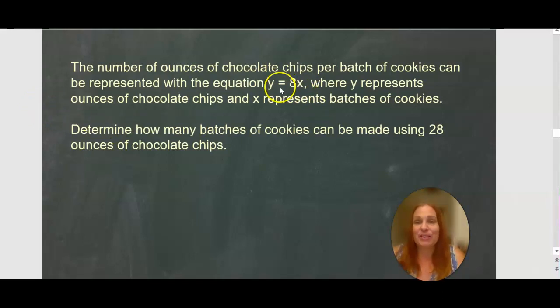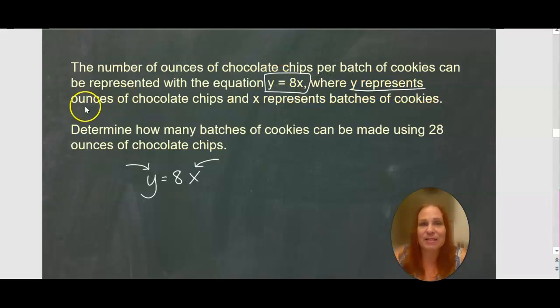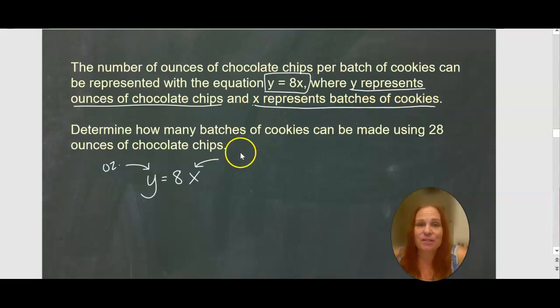Okay, so I'm going to do the same thing I did when they gave us an equation the last time, and I'm going to write the equation down here. Y equals 8x, and I'm also going to write what each variable is. So y, it says, is the ounces of chocolate chips. So I'm going to put ounces, and then x is the batches of cookies. So I'm going to put batches.